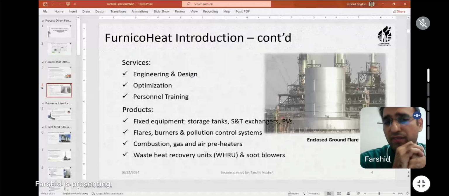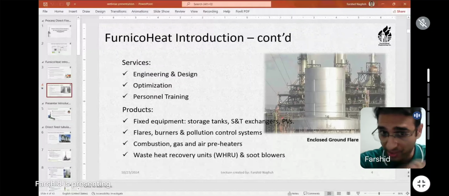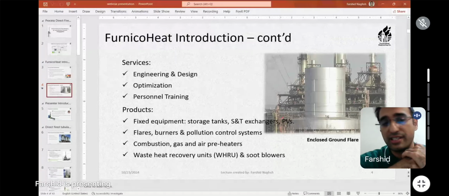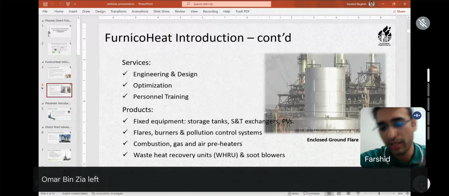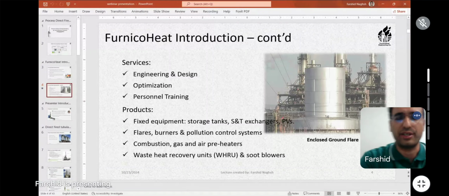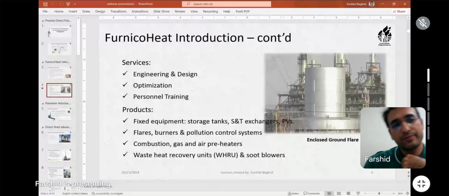We supply flares, burners, pollution control systems, combustion gas and air preheaters, and also waste heat recovery systems in conjunction with our European and Chinese partners. So this is what we do.